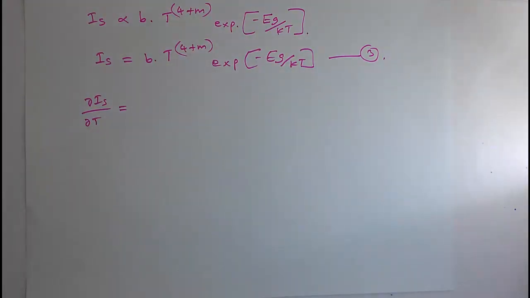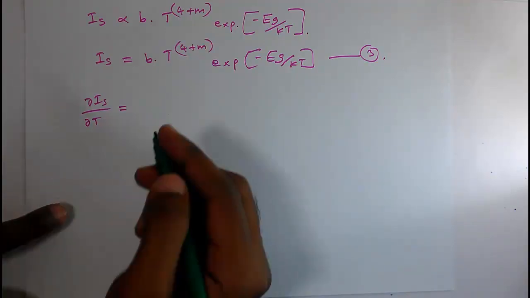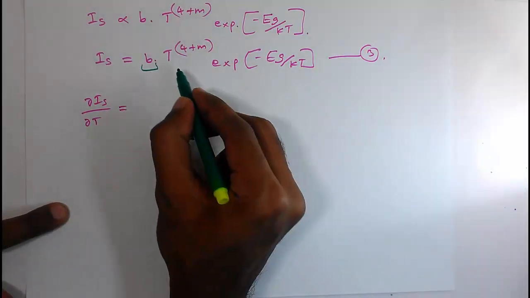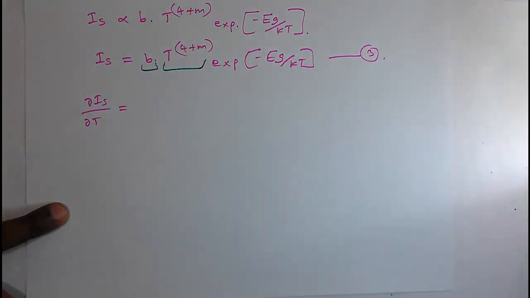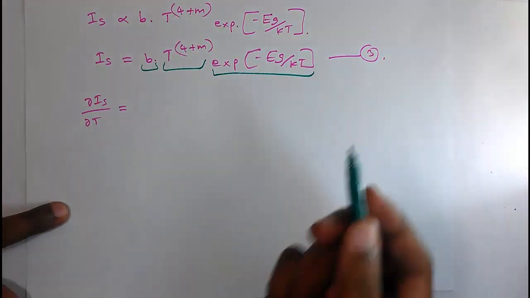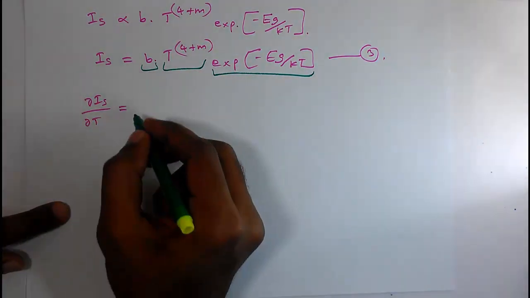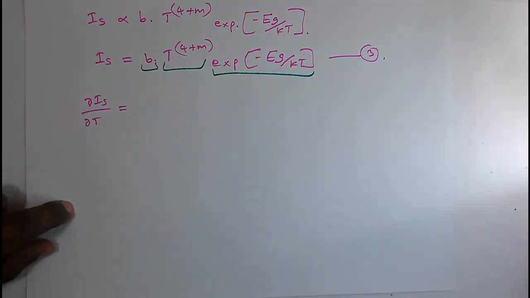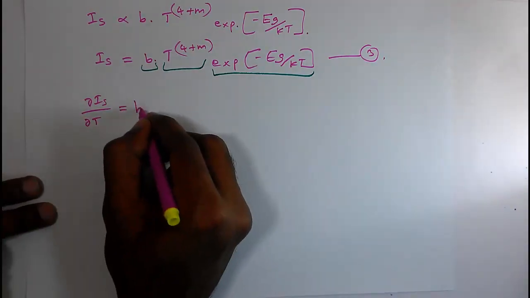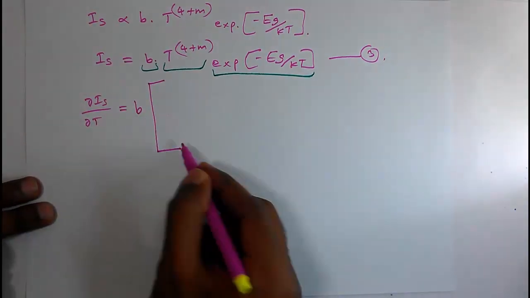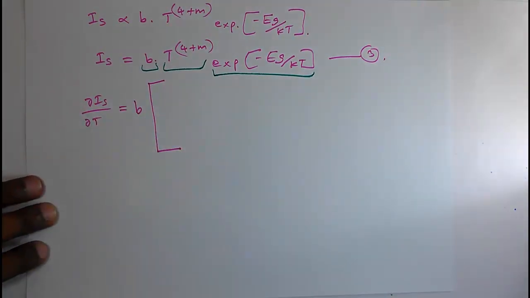we have two terms here, not two, really speaking we have three terms here. The B is a constant, and this is one term containing temperature, this is another term containing temperature. So I am taking this B outside because it's a constant. So B into, that is first term into differential of second plus second term into differential of first.